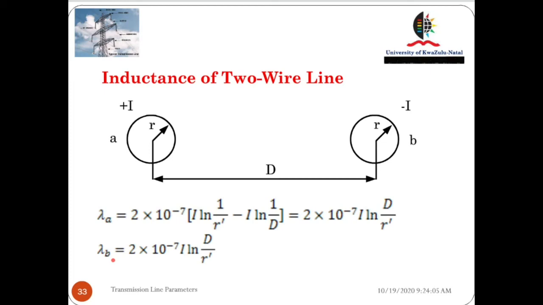So that causes the inductance of each of these conductors A and B to be the same. And if we want to find the loop inductance, meaning the total loop starting from the supply conductor A to the return conductor B, the loop will be completed.